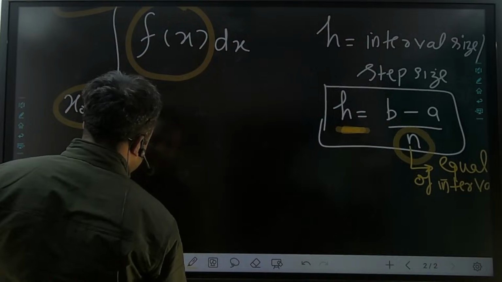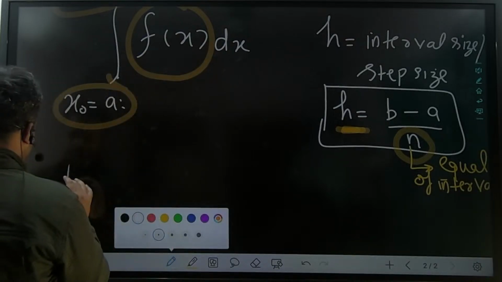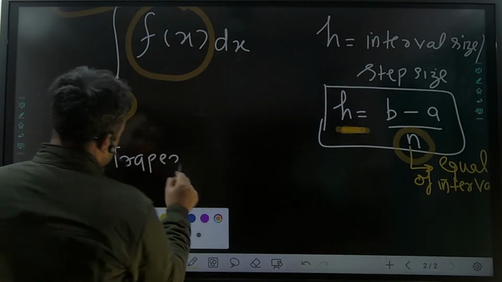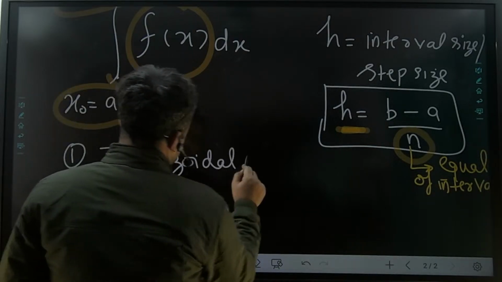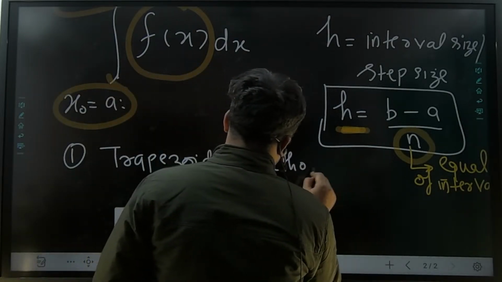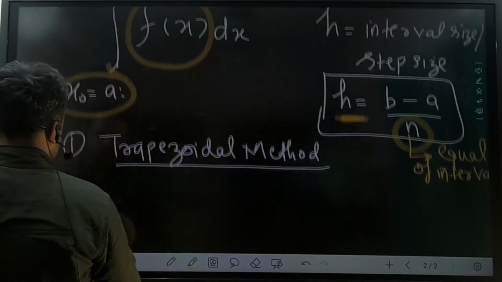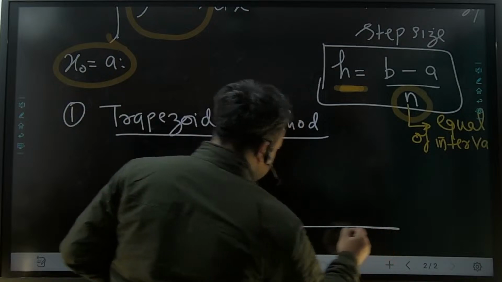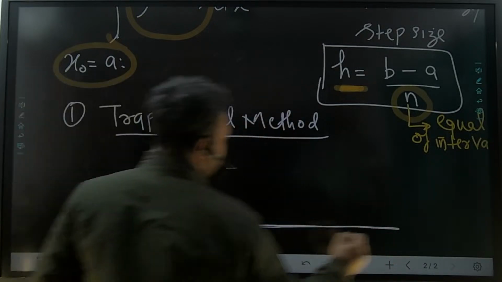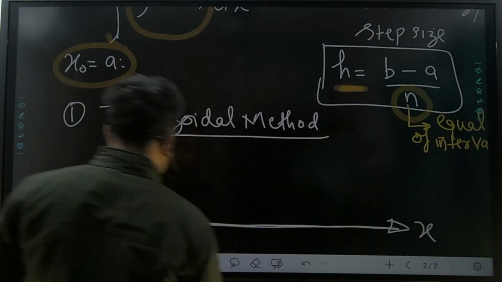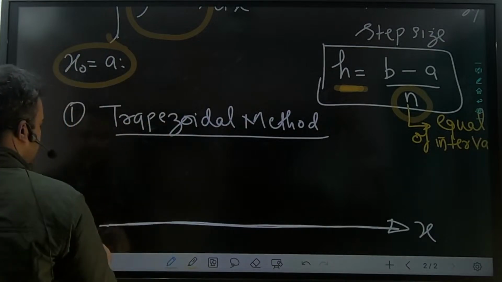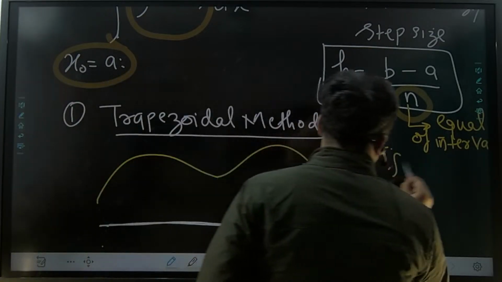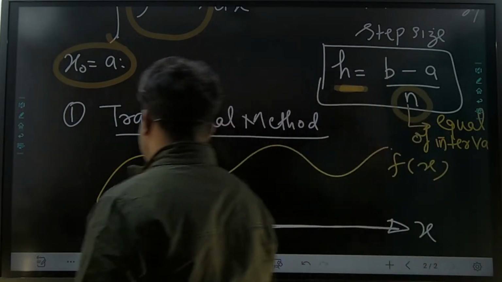So let's say the first method is the trapezoidal method. Suppose we have an x-axis over here, and any continuous function f of x is here.